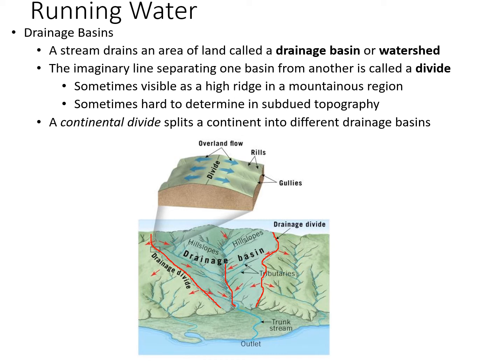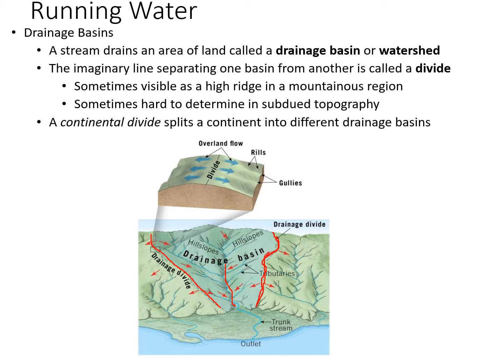And the drainage basins are divided by high lying areas or high elevation areas. We call those divides. And sometimes it's hard to tell in flat lying areas like in Florida, but typically they follow the ridges of mountains and hills.